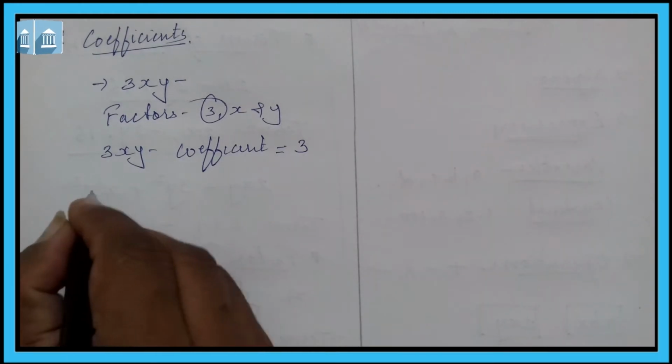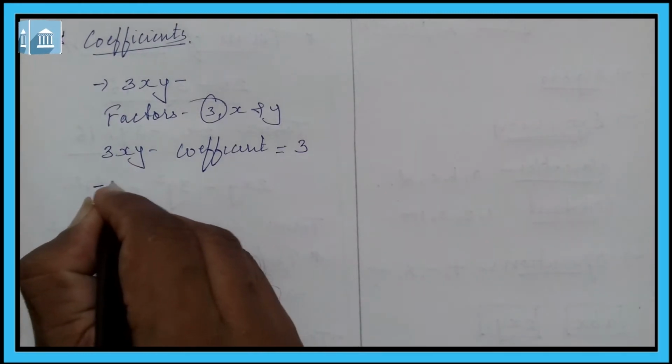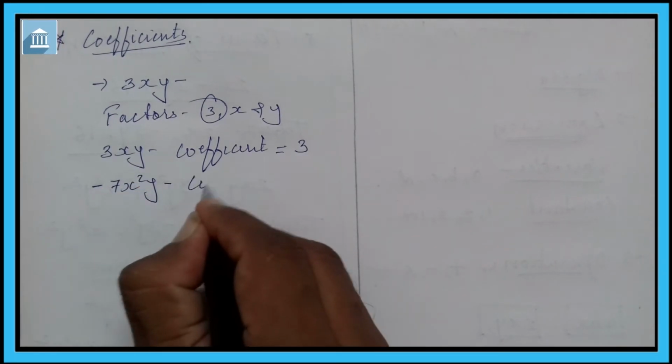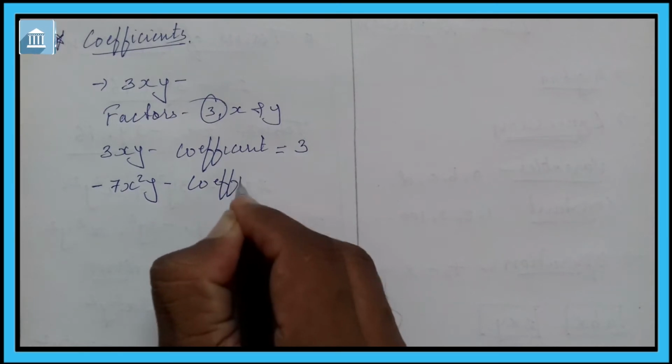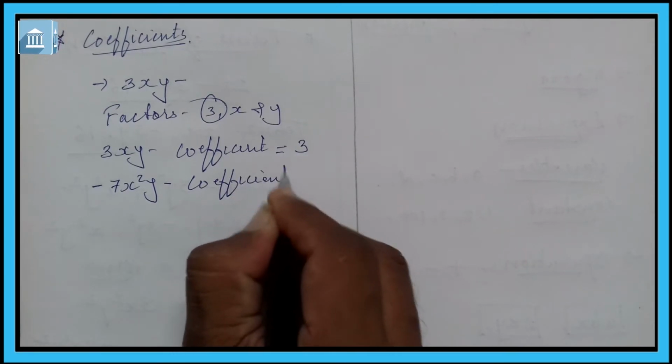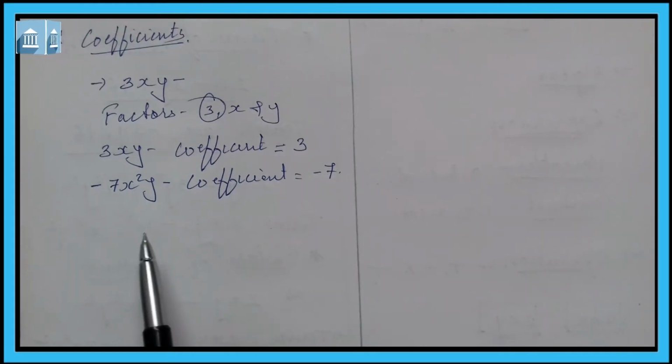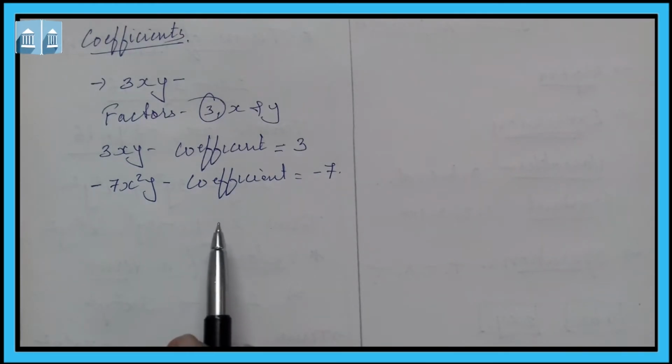For example, if it is minus 7x square y, then here the coefficient will be equal to minus 7. So in this way, whatever the numerical factor of that term is, that is said to be the coefficient of that term.